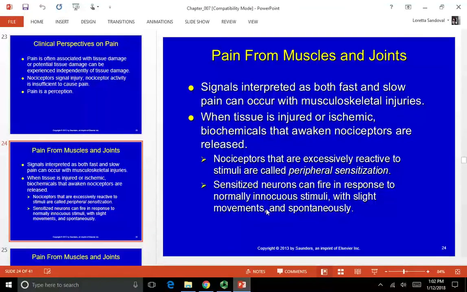The pain from muscles and joints are signaled by nociceptors. They can be sensitized, causing them to fire in response to normally innocuous stimuli. So frequently after surgery, all the nerves are hypersensitive, and things that wouldn't normally bother you, like your clothes touching you or the blanket touching you, are perceived as pain.